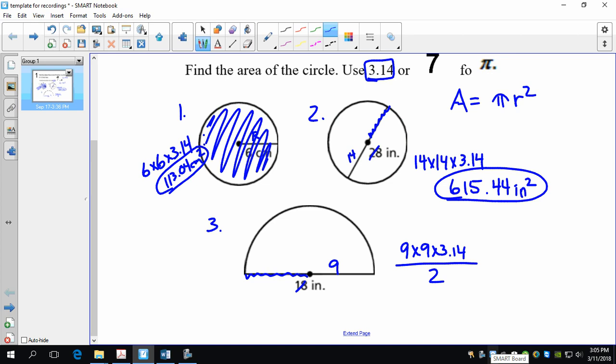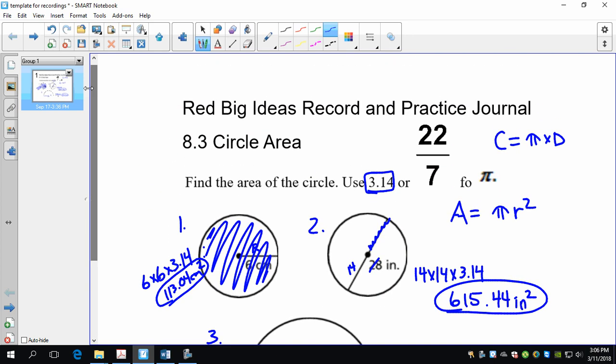It would be 127.17, and that would be inches squared.